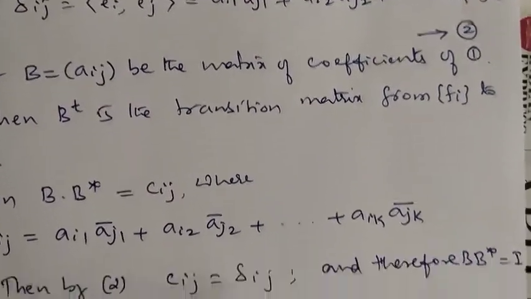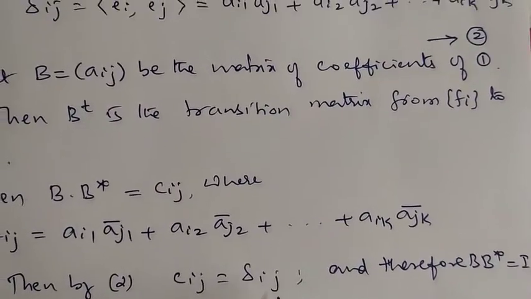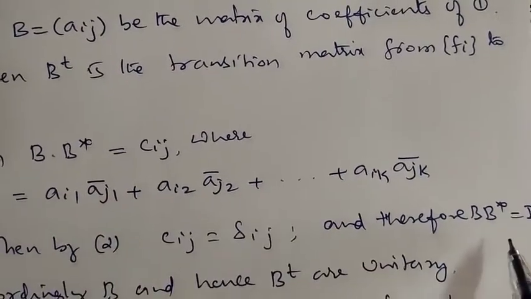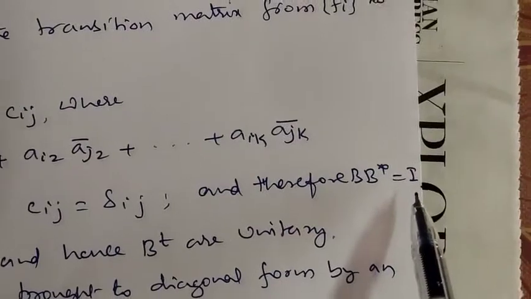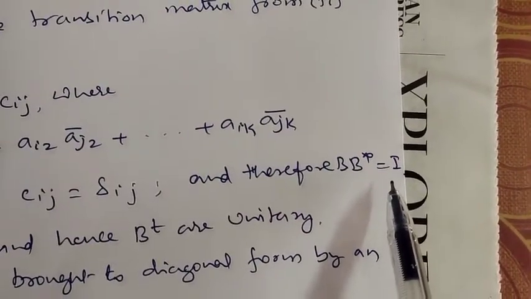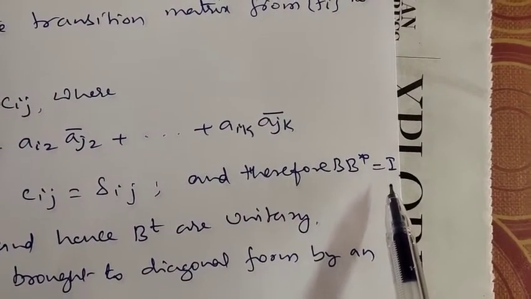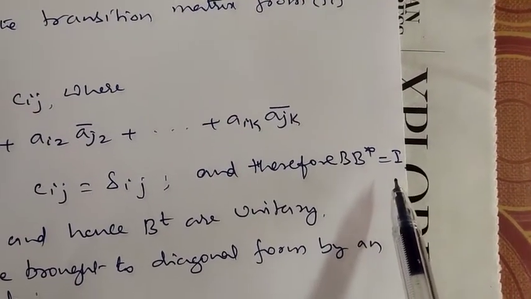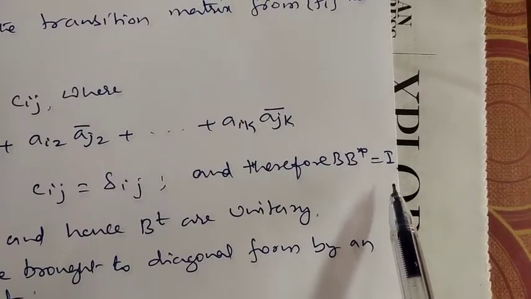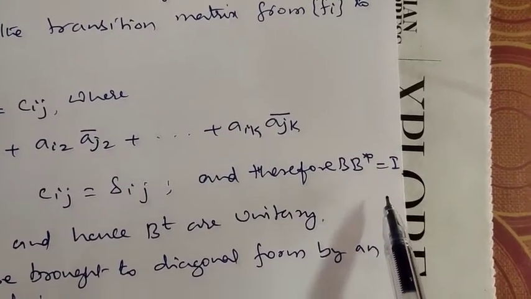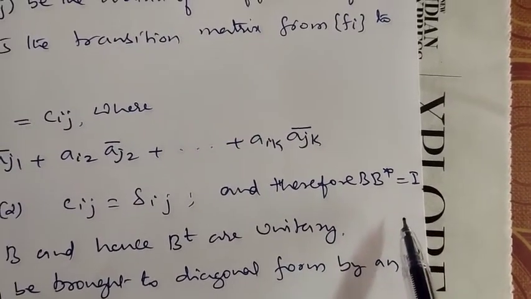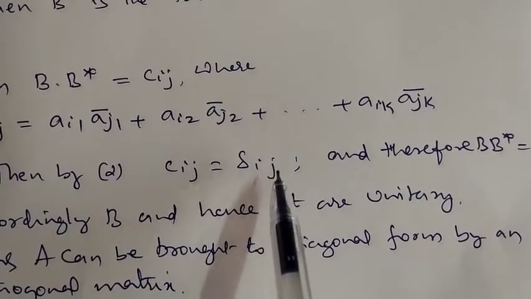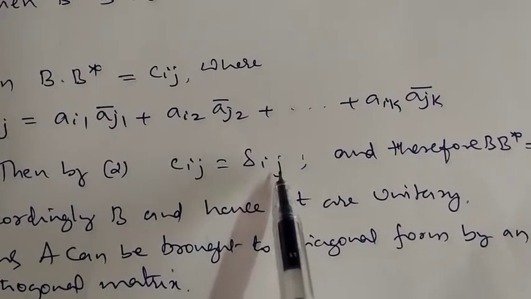C_ij is nothing but delta_ij, and therefore B times B star becomes I, because in the unit matrix a_11 is 1, a_22 is 1, and all other terms are zeros. Delta_ij means when i is equal to j it is 1, for other values it is 0.